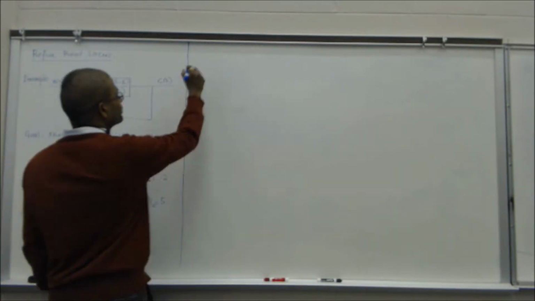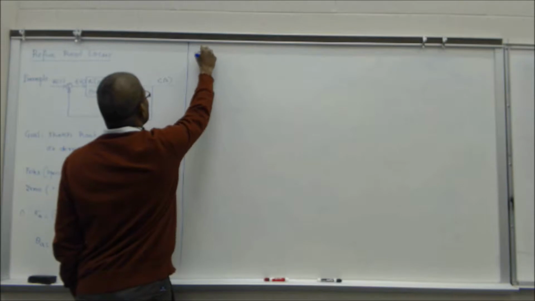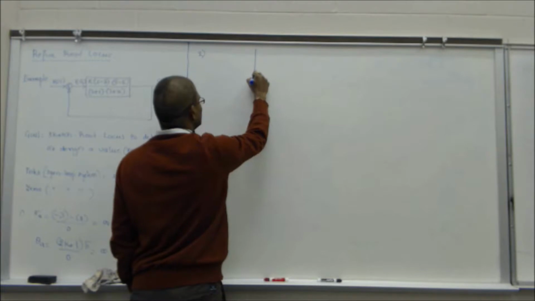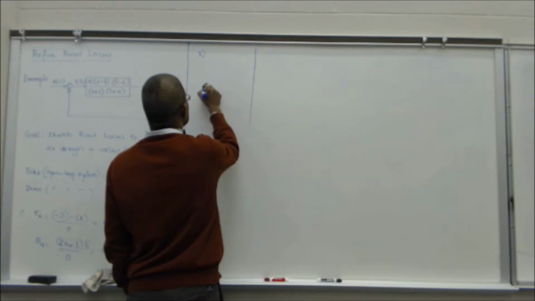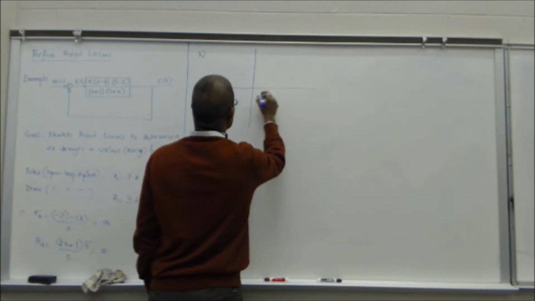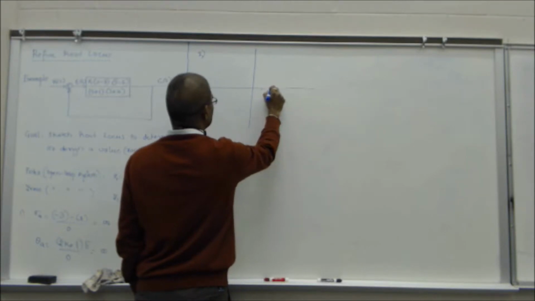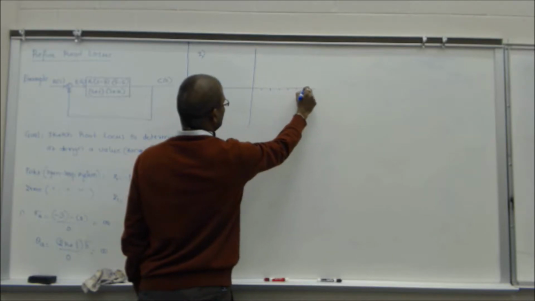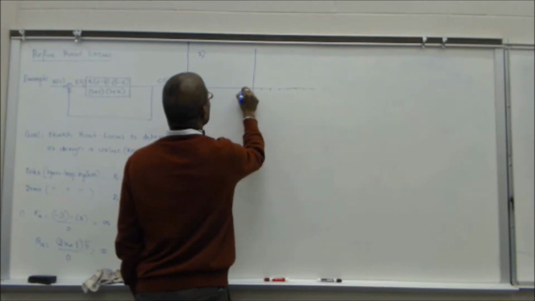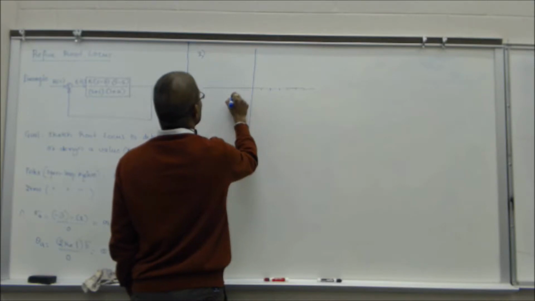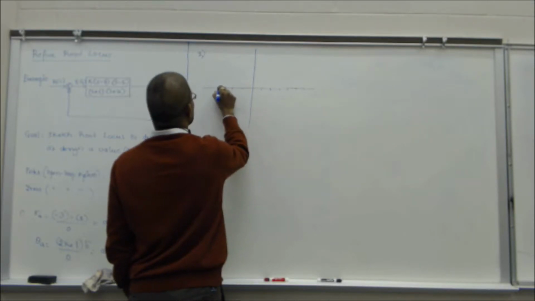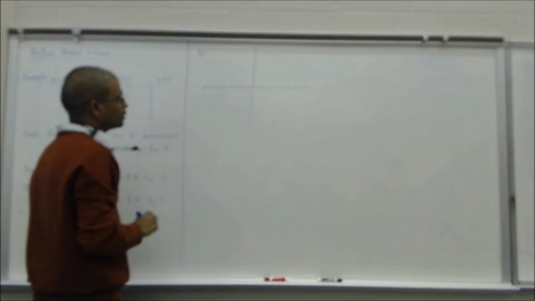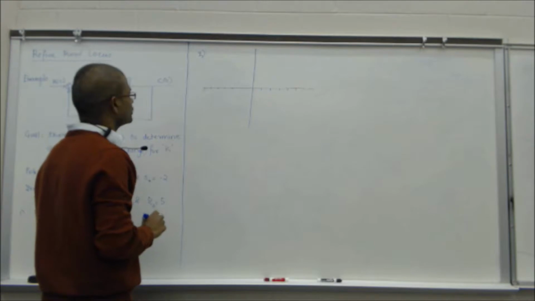And the next step: one, two, three, 4, 5, 6. So where are your open loop zeros?